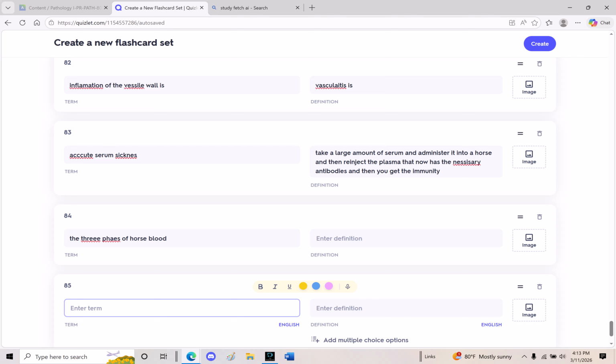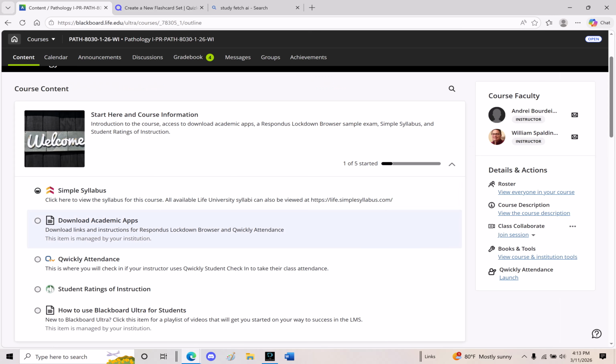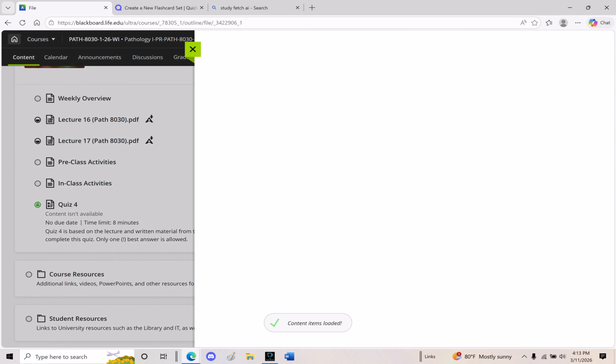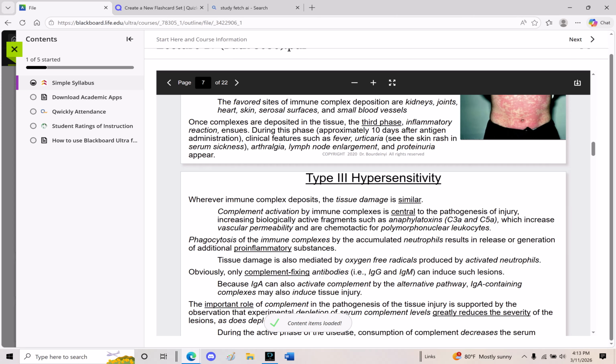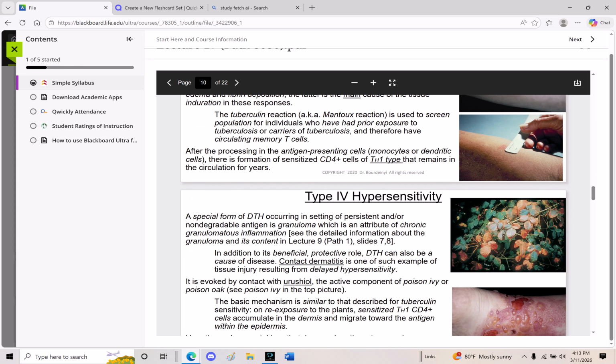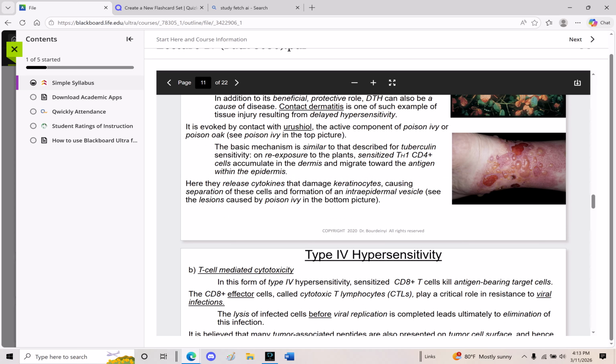Did you guys not learn this? He briefly mentioned putting things into a horse, but I don't think he mentioned this. Slow down. That one: systemic immune complex disease, acute serum sickness, caused by large amounts of foreign serum. Horse anti-tetanus serum is the example of this.